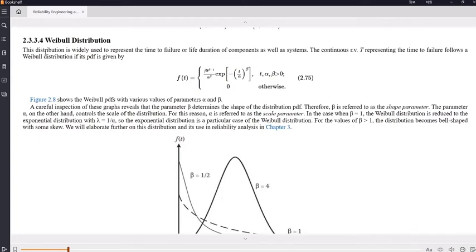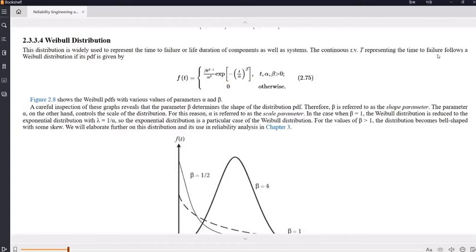This Weibull distribution is widely used to represent the time to failure or life duration of components or systems. It is defined for a continuous random variable t, and t is always bigger than 0. This random variable t represents the time to failure, that is the time until the failure of a component or system occurs.